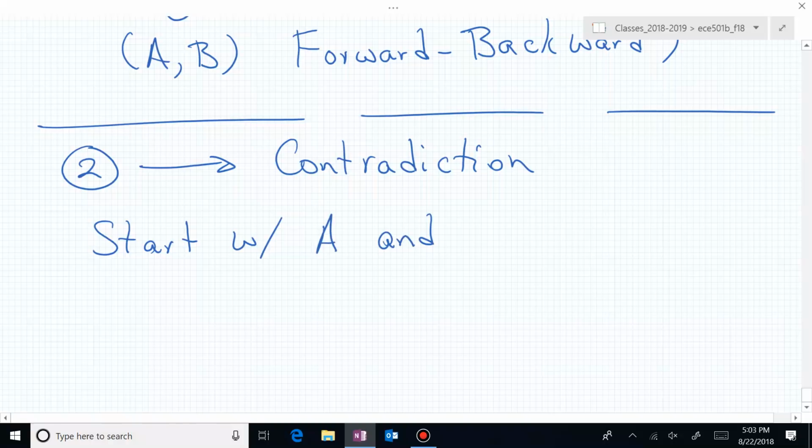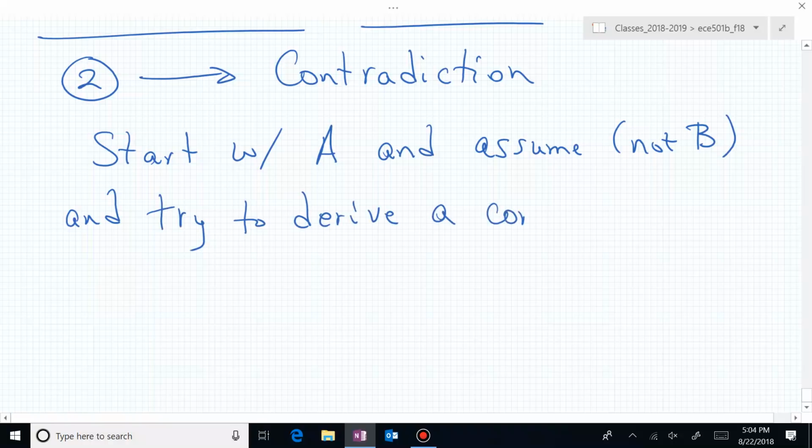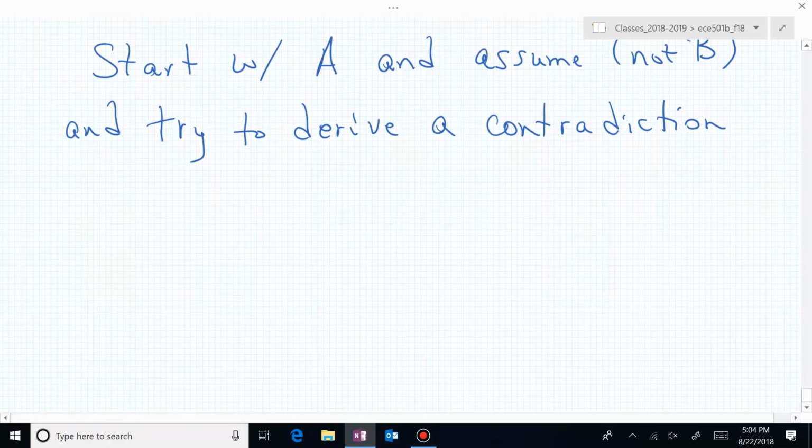We assume not B. So we start with A and assume not our result, and we try to derive a contradiction or a false statement.